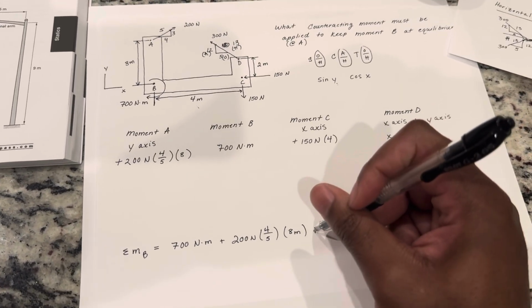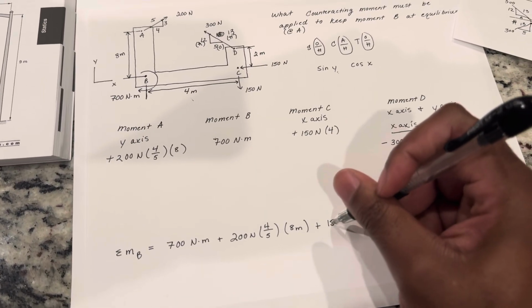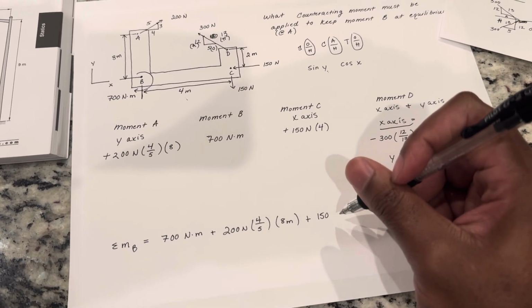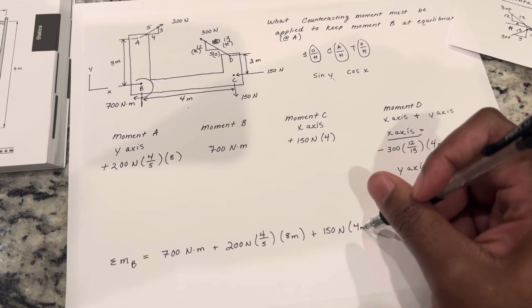And then we have the moment C here, which was 150 Newtons with a distance of 4 meters.